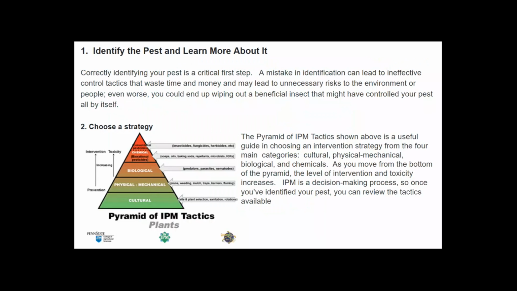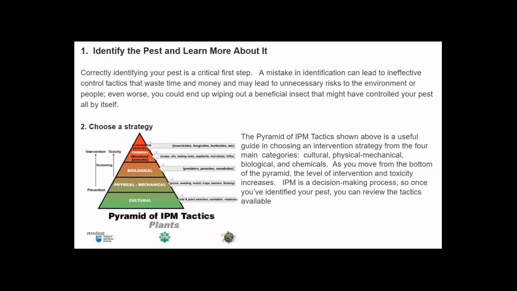So the first step is to identify the pest and learn about it. Correctly identifying your pest is a critical first step. A mistaken identification can lead to ineffective control tactics that waste time and money and lead to unnecessary risks to the environment or people.